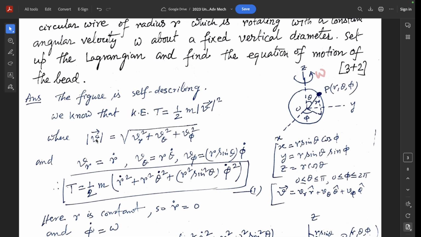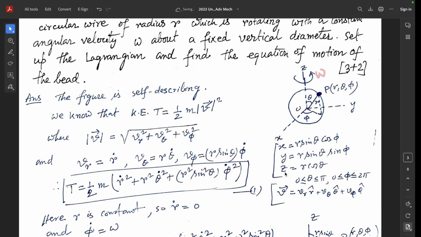Now the magnitude of the velocity vector v is the square root of vr square plus v theta square plus v phi square, where v vector is vr into r cap, r cap being the unit vector along the radius vector OP, plus v theta theta cap, the unit vector along the increasing direction of theta, plus v phi phi cap, the unit vector along the increasing direction of phi.